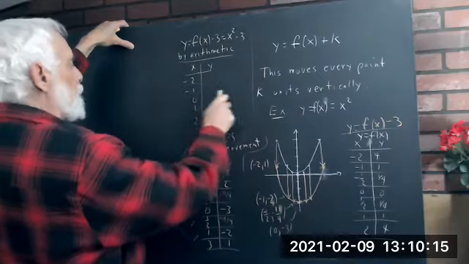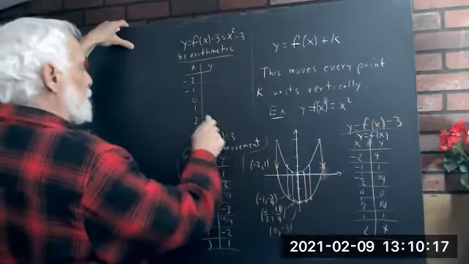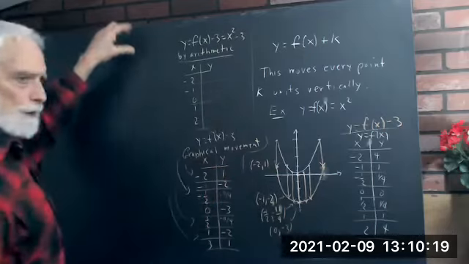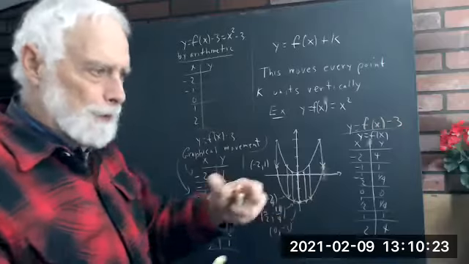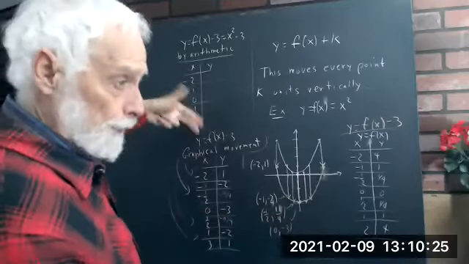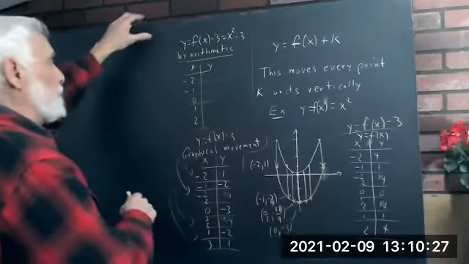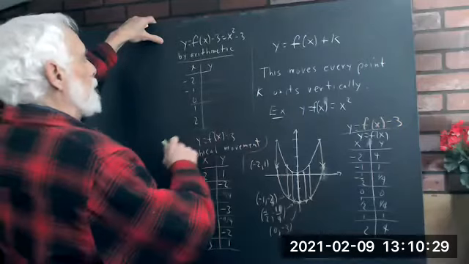And I'm not even going to worry about the negative 1/2 and plus 1/2 points because I don't want to get involved in the arithmetic of the fractions, but that's something you need to know how to do. And if I ask you to do it, you need to be able to.